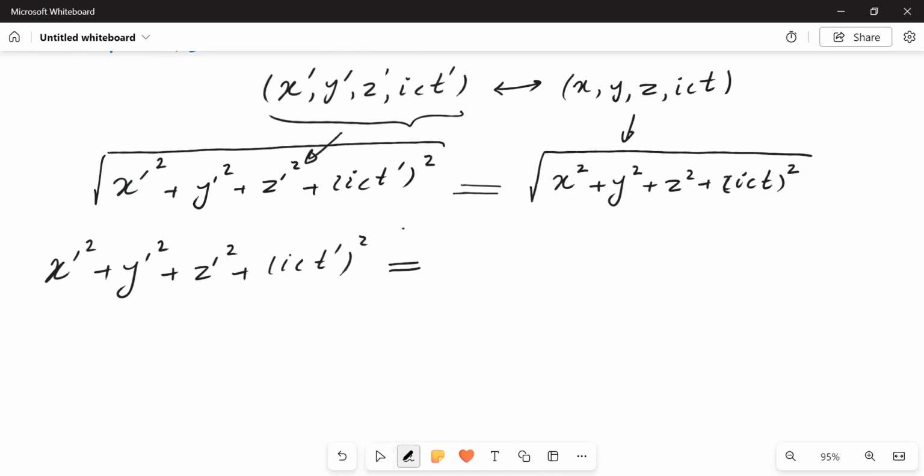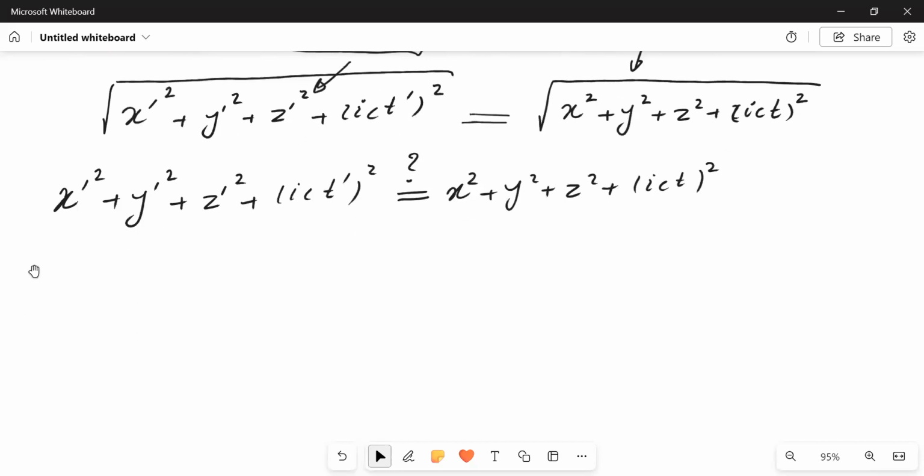And I want to show that this is actually equal to x squared plus y squared plus z squared plus (i c t) squared. All right. So in order to do this, look at the left-hand side. I'll work my way through the left-hand side using Lorentz transformations to end up with the right-hand side. So let's see if it works or not.